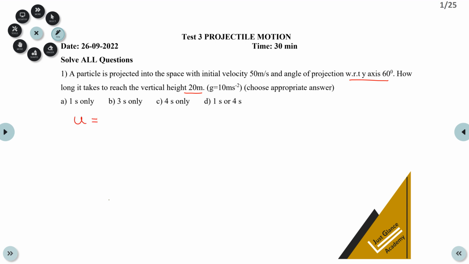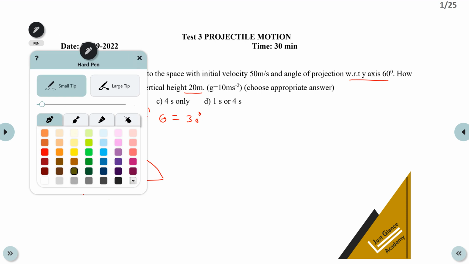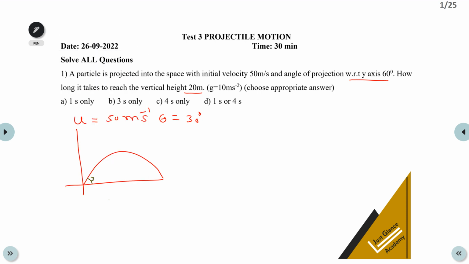First, u equal to how much? 50 meters per second. Here theta is not 60 degrees, it is 30 degrees, because the given angle is with respect to the y-axis, and the angle required is with respect to the x-axis.